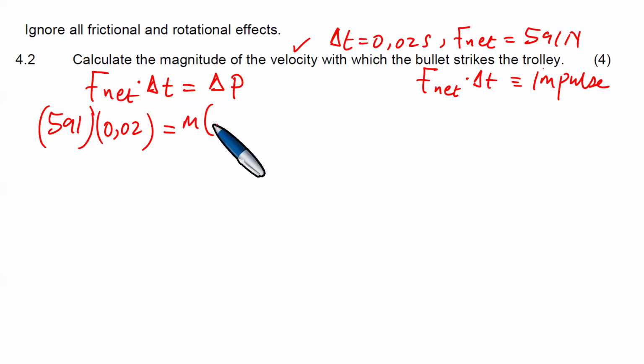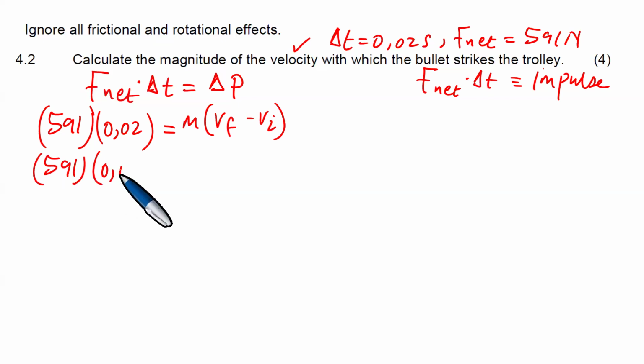Then we have the mass times the final velocity minus the initial velocity, and this equals 591. We can leave out the units in the meantime. Then we need the mass.